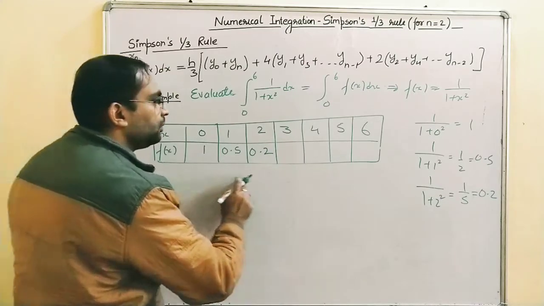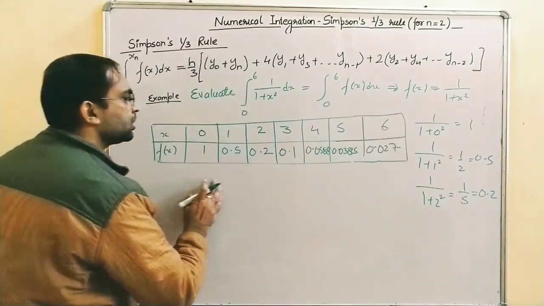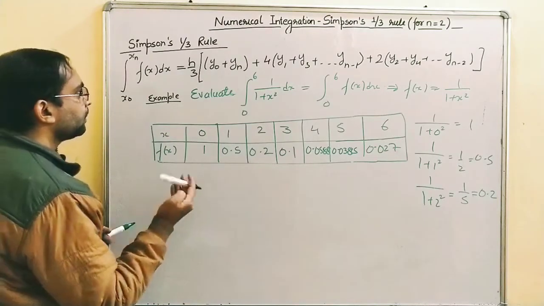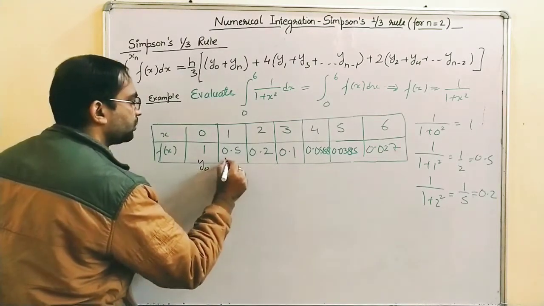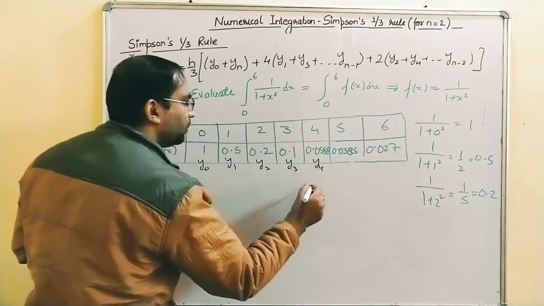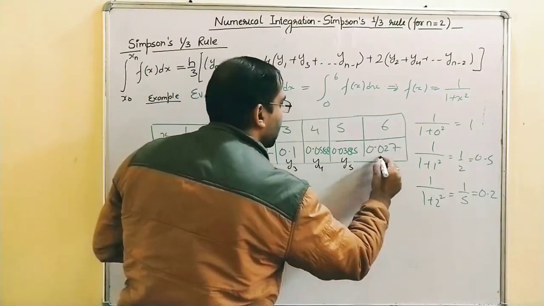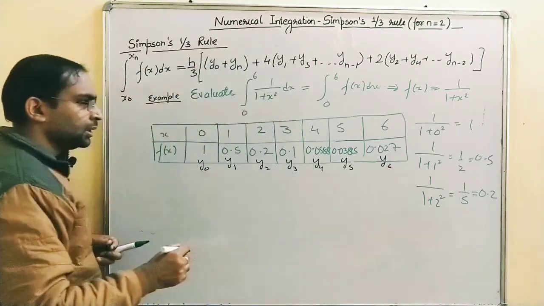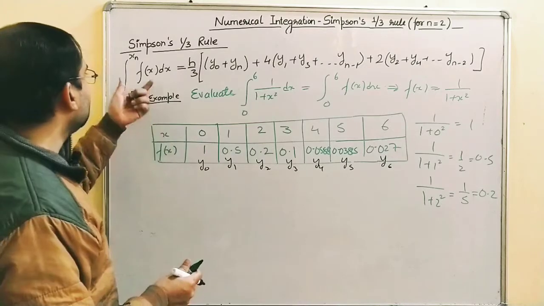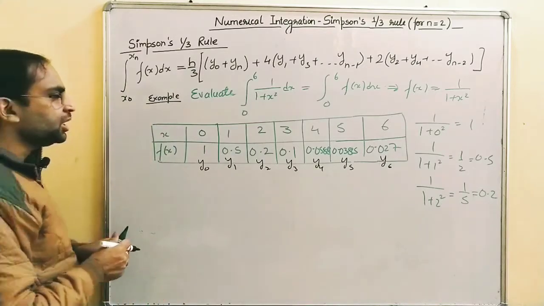In the same way, we'll complete this whole table. Now as we have got all the values, this is y0, this is y1, this is y2, y3, y4, y5 and this is y6. Now we need to apply Simpson's formula, substitute all the values and achieve the integration.